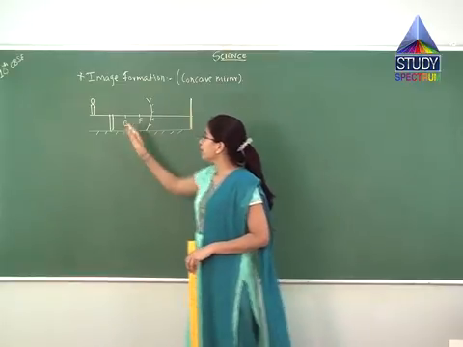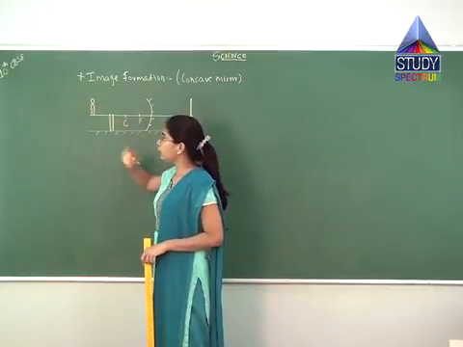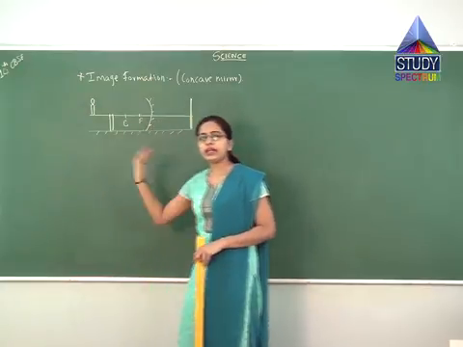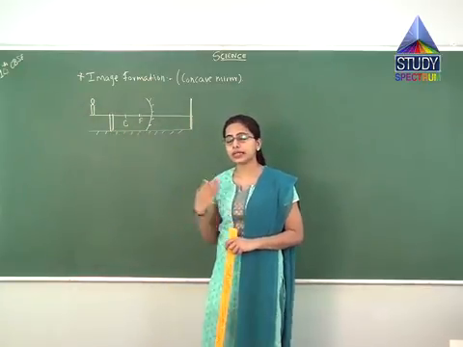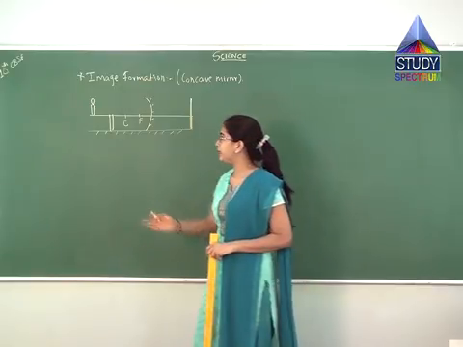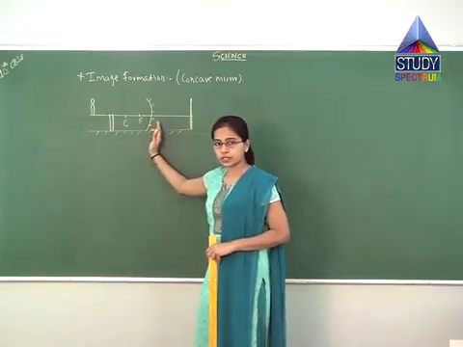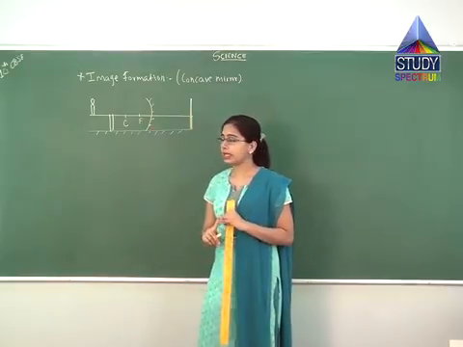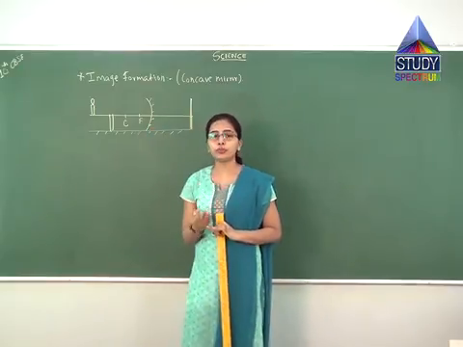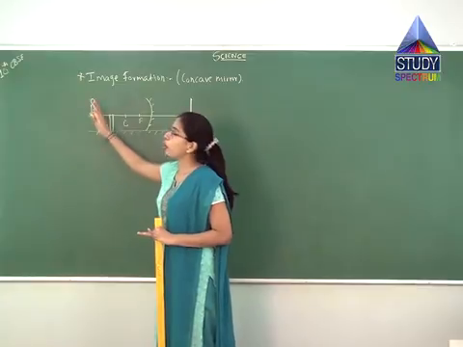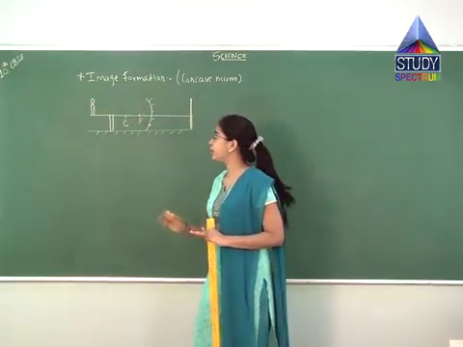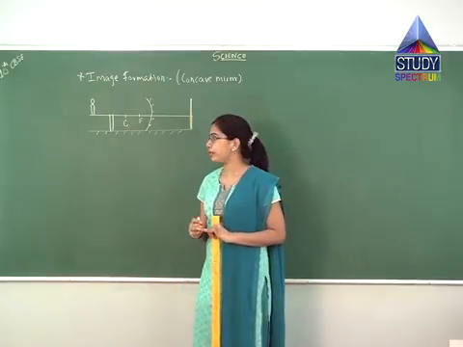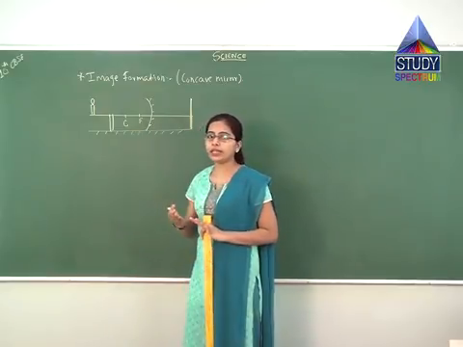How will we perform it? Firstly, you will put the candle at a very large distance, which we can consider as infinity, and observe the image. In the second case, you will put your candle just beyond the center of curvature, decreasing the distance between the candle and the center of curvature, and observe the image.